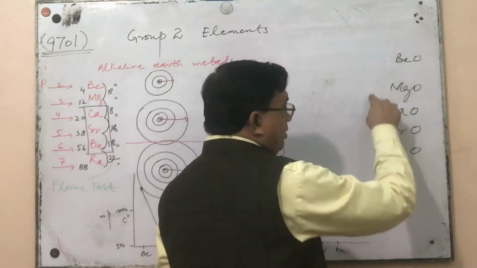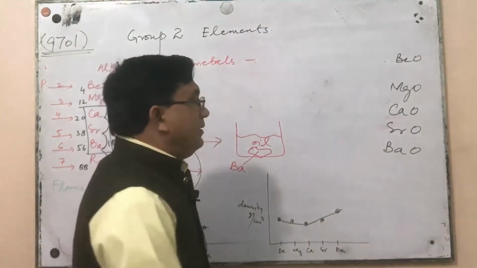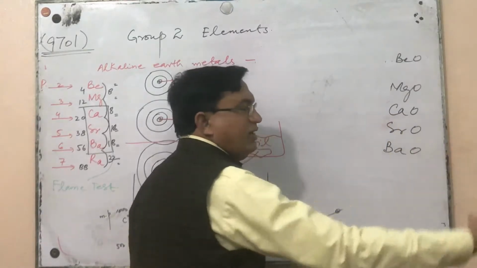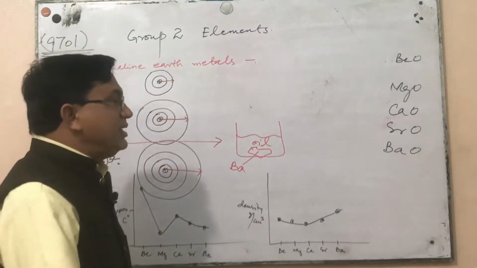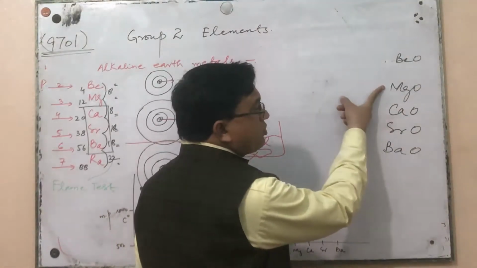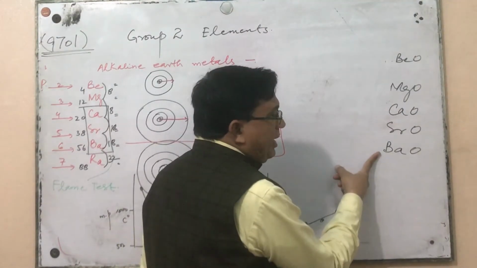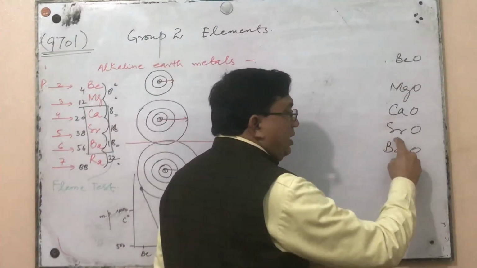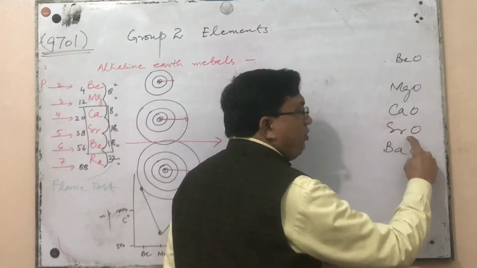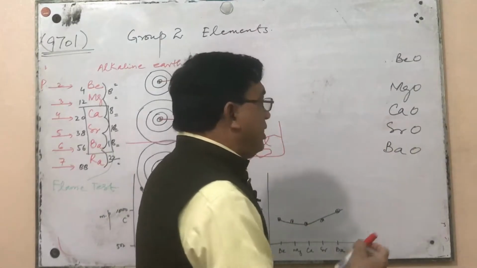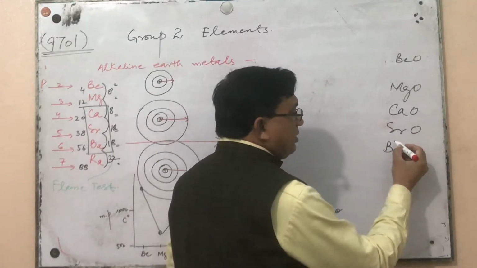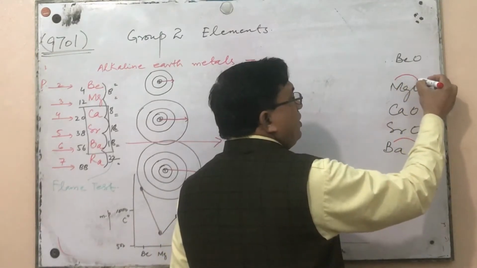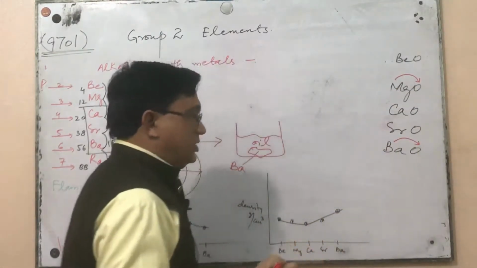But as from top to bottom the size of the cation increases, the ionic character of their oxides will also increase. It means that as compared to beryllium oxide, magnesium oxide will show more ionic character. It means the shifting of two electrons from the magnesium atom to the oxygen atom is very easy as compared to the shifting of two electrons from beryllium to oxygen.